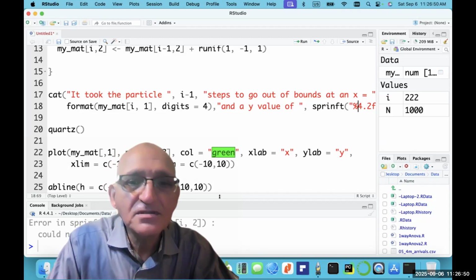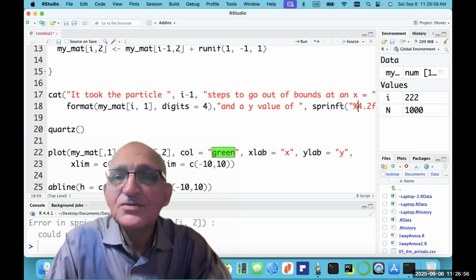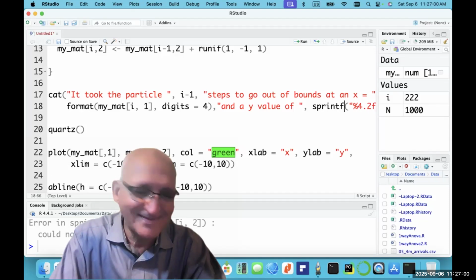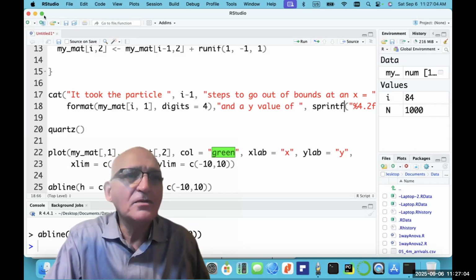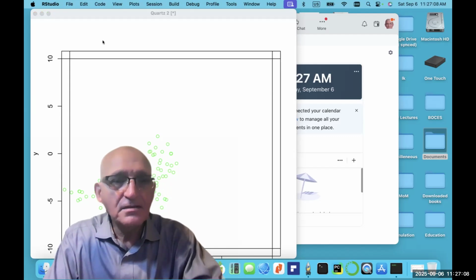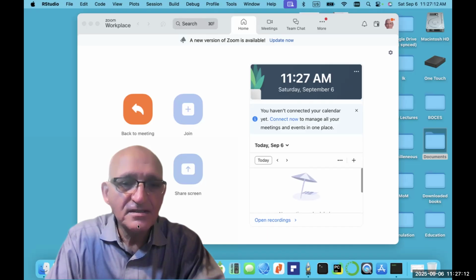Couldn't find function sprintf. It's sprintf, not printf. Okay, that's what you get. Something else is not right.